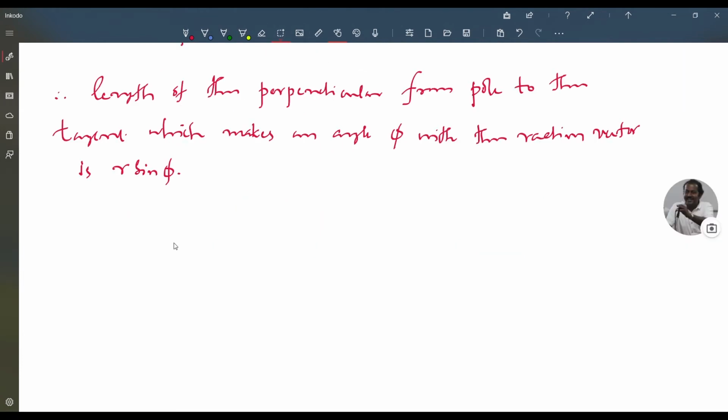Now we are going to express p, little p, in terms of dr by d theta. So p equal to r sine phi implies 1 by p equal to 1 by r into cosec phi.